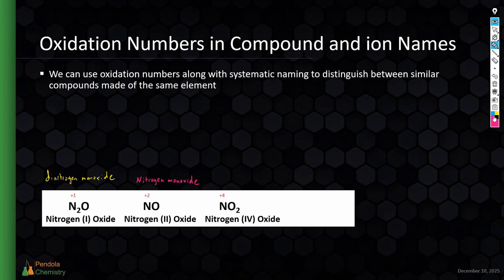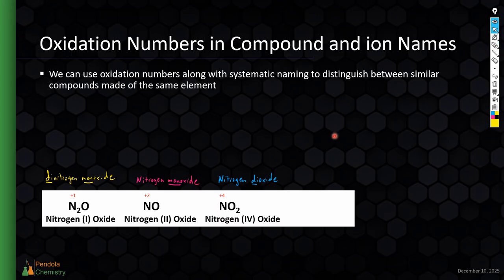And we called NO2 nitrogen dioxide. So last year we used these prefixes, di, mono, and the di in dihydrogen monoxide to tell them apart based on how many of each element they had.